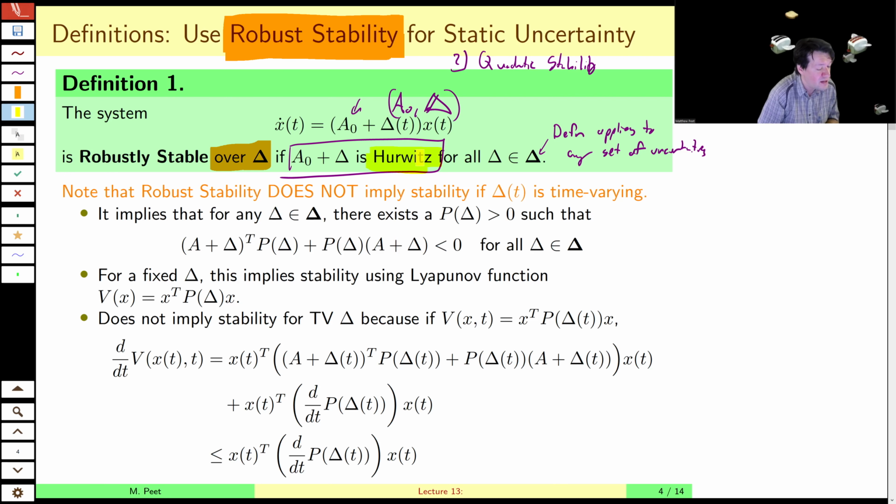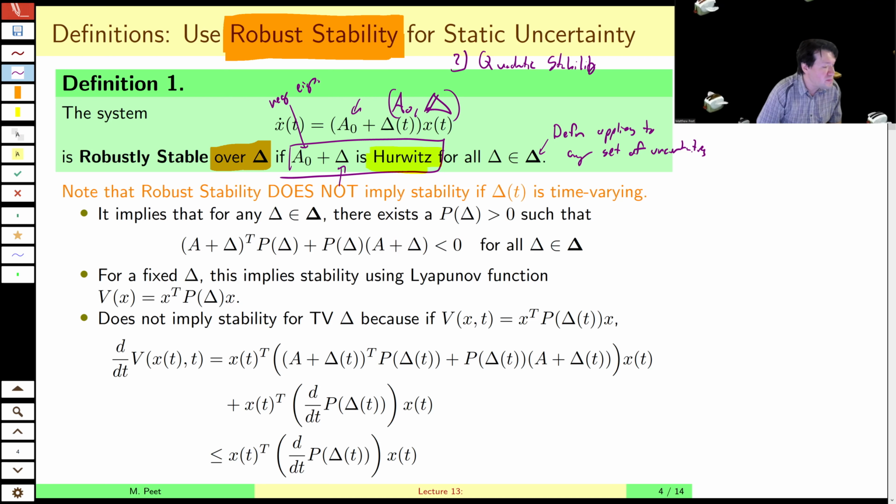It's a representation definition, saying something about the pair A and delta, not anything about solutions of an associated system. So it says basically for any matrix delta in this set delta, A plus delta has all negative eigenvalues.